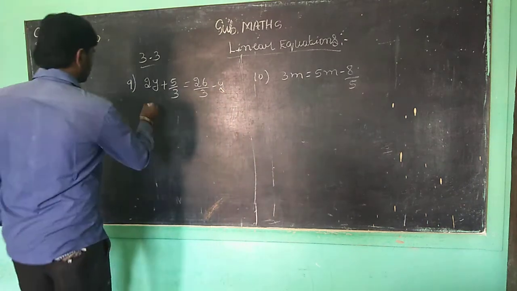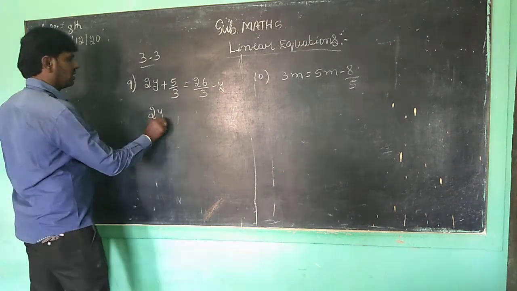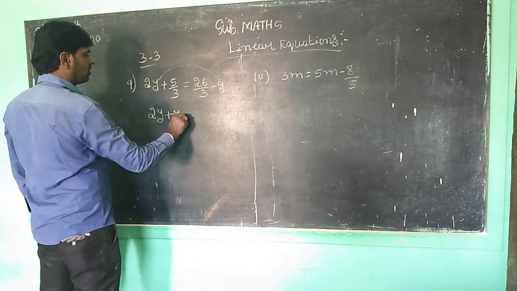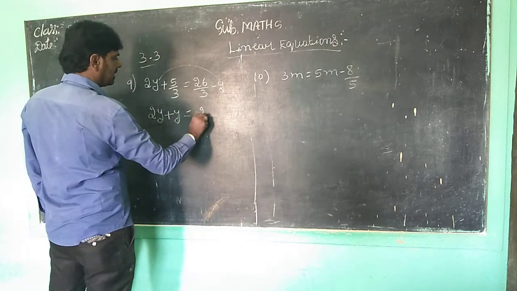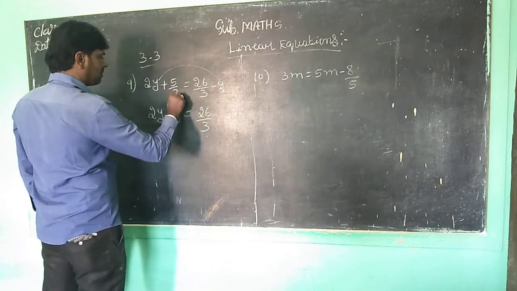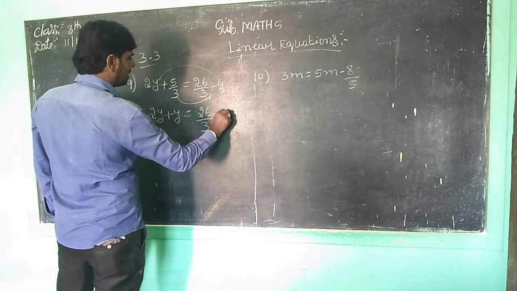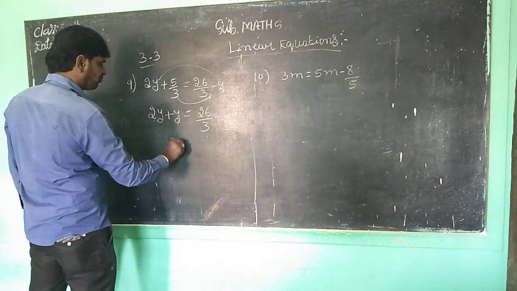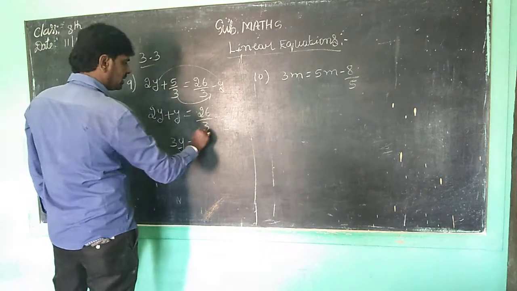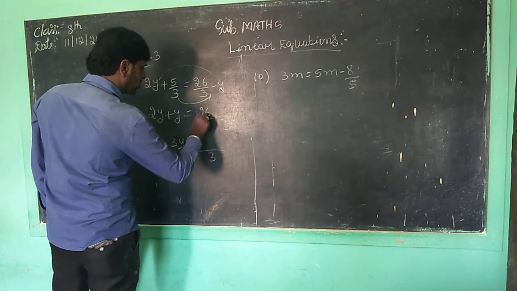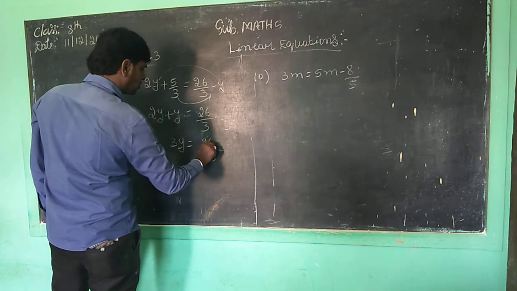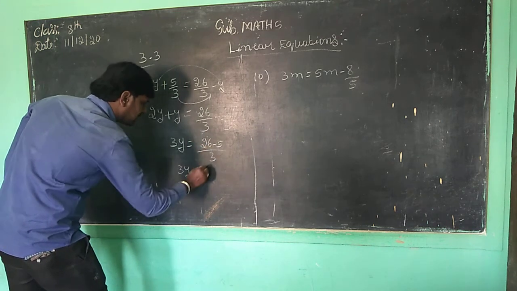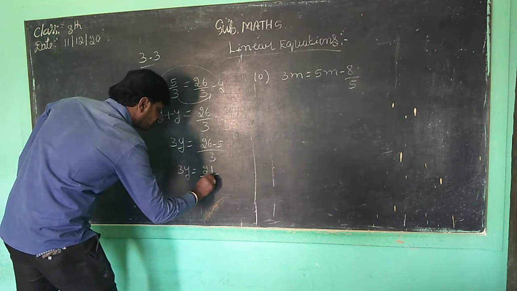See, children, this 2y is there. This minus y will transform into the left hand side, means plus y is equal to 26 by 3 is there. This 5 by 3 will transform into the right hand side, means minus 5 by 3. 2y plus y is 3y is equal to, denominator 3 is there. 26 minus 5. 3y is equal to 26 minus 5 is 21 by 3.